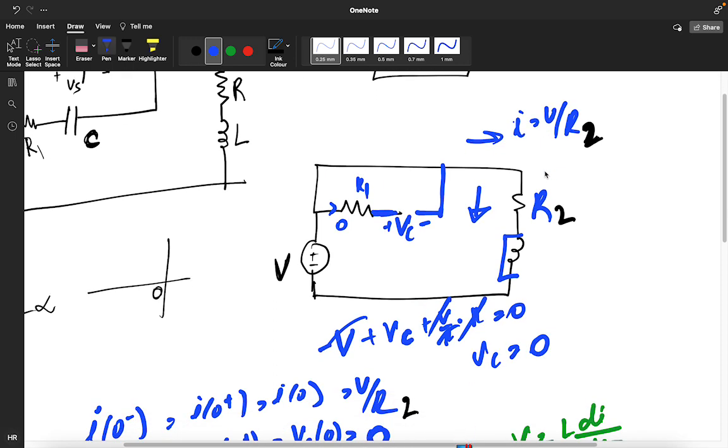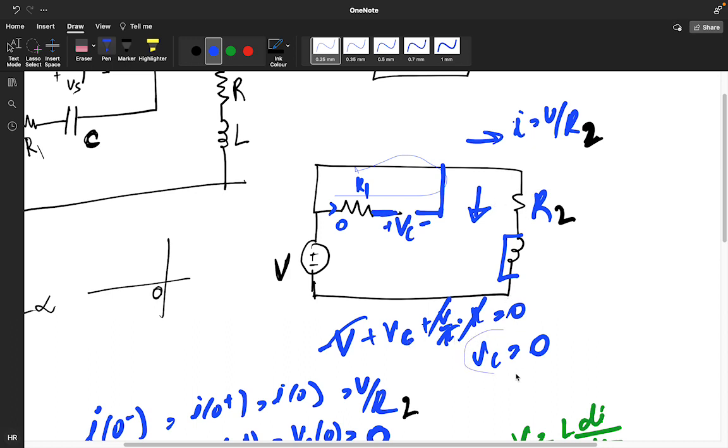Okay, and what will be the Vc0 minus? This is your 0 ampere current, so Vc0 minus will be, apply the KVL in this particular loop: minus V plus 0 into R1, plus Vc, plus V by R2 into R2.